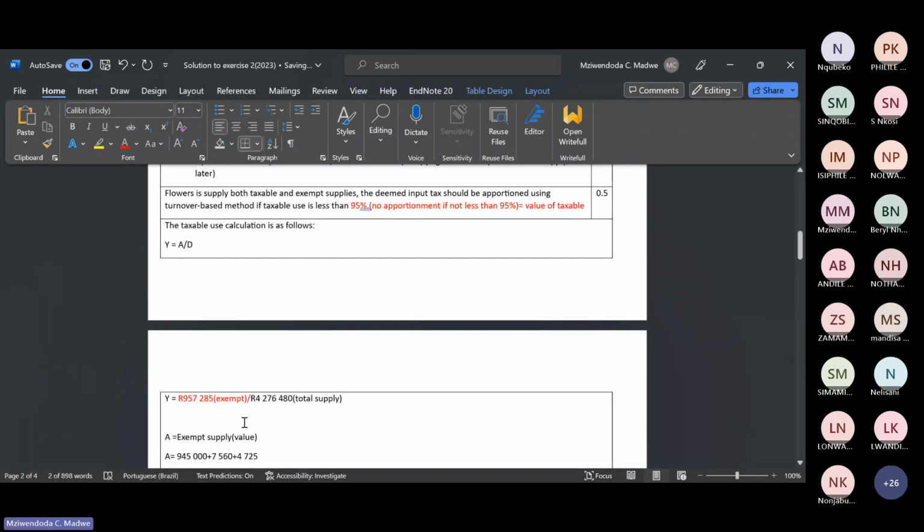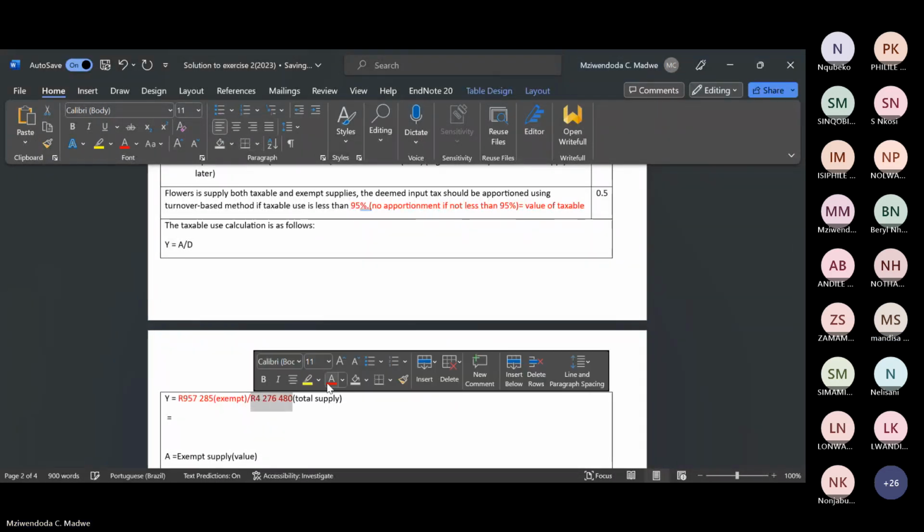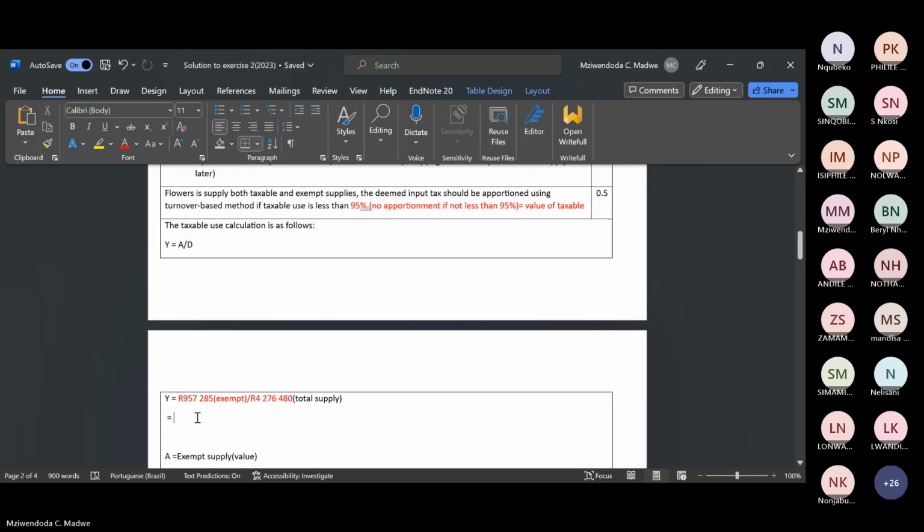So the formula is exempt divided by total supply. So here you will say 957,285 divided by 4 million, 4,276,480. What is the percentage there?